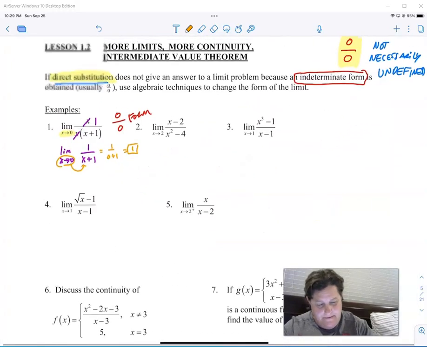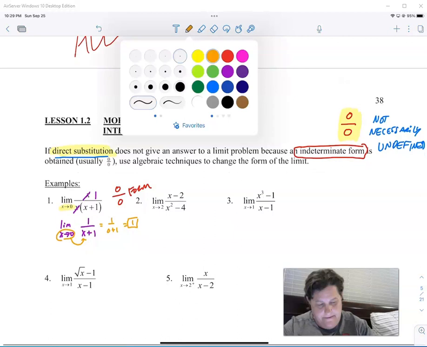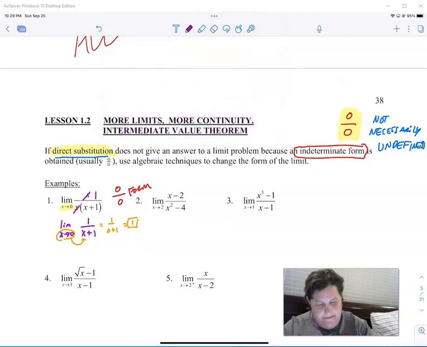What this means is that there is a hole in the graph. When there's a hole in the graph, the limit still exists. The limit will still exist right there.